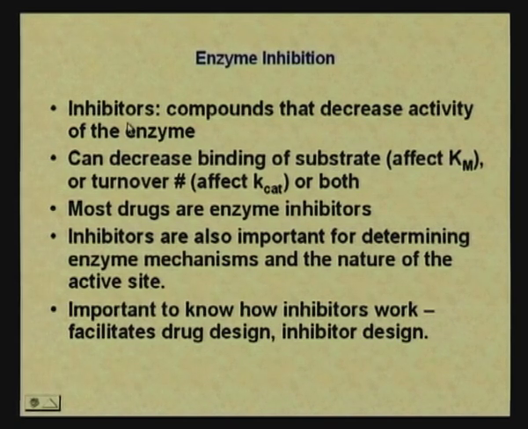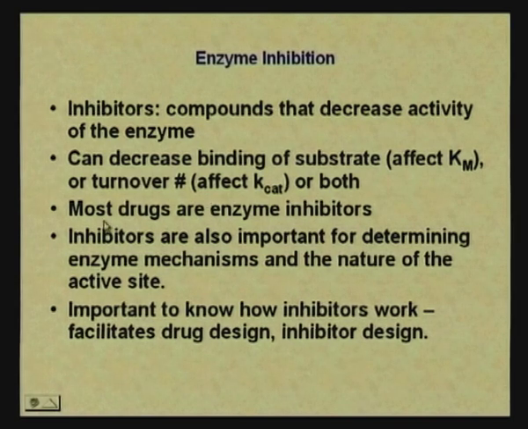If an inhibitor of an enzyme has to act, we want to stop the enzyme from forming the enzyme substrate complex, as simple as that. So, if I want to deter the formation of the enzyme substrate complex, I have to have the inhibitor bind to the substrate somehow, or bind to the enzyme somehow.